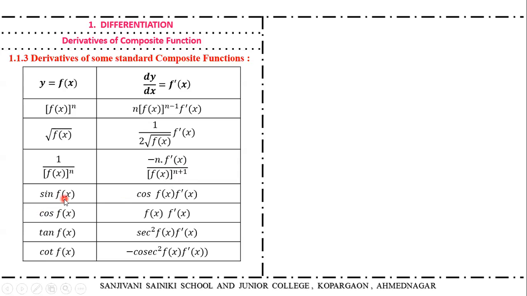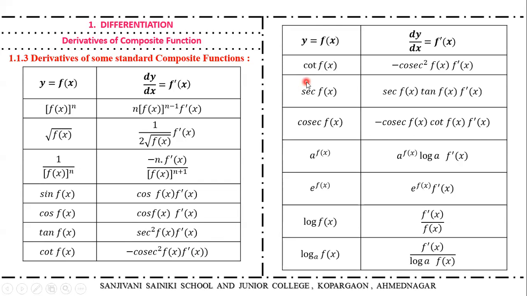The derivative of sin of f of x is cos f of x into f dash of x. The derivative of cos of f of x is minus sin f of x into f dash of x. The derivative of tan of f of x is sec square f of x into f dash of x. The derivative of cot of f of x is minus cosec square f of x into f dash of x.